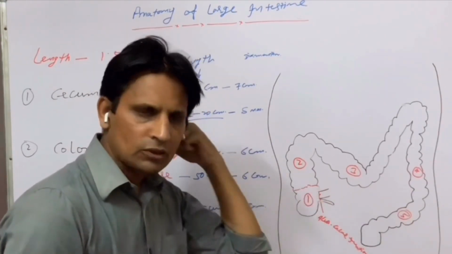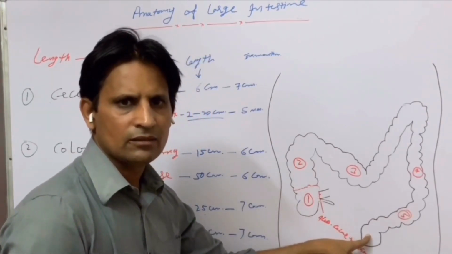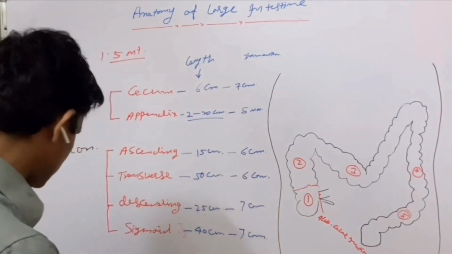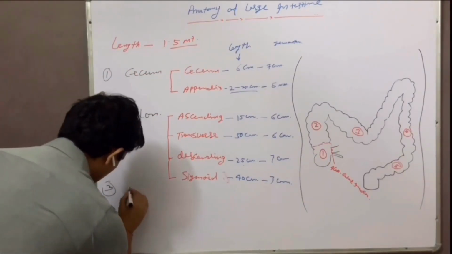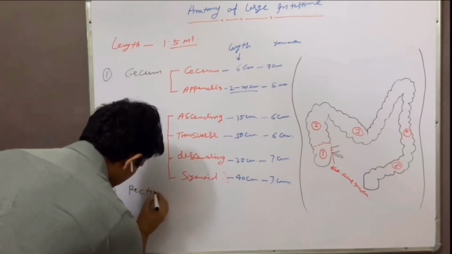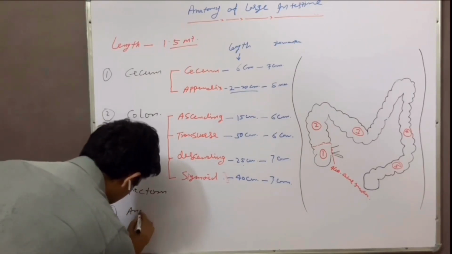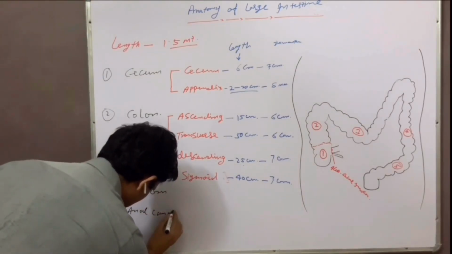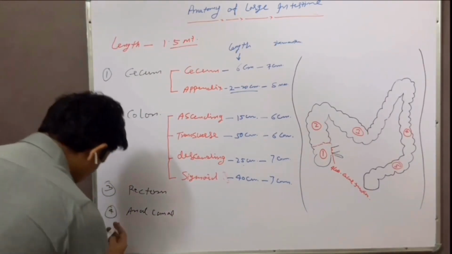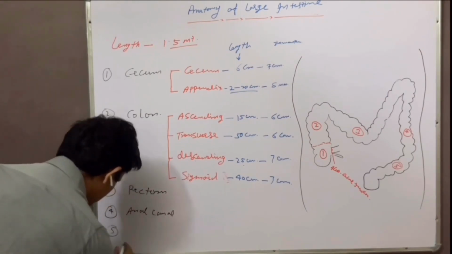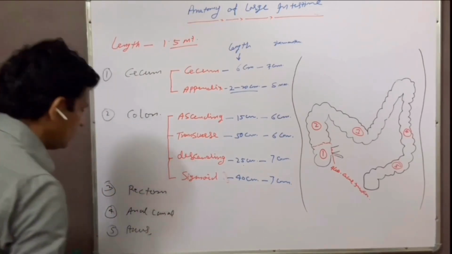Right. One more thing, below the sigmoid colon, there is the rectum. So the next part of the large intestine is the rectum. The fourth part would be the anal canal, and the fifth part, which is an opening, is called the anus.